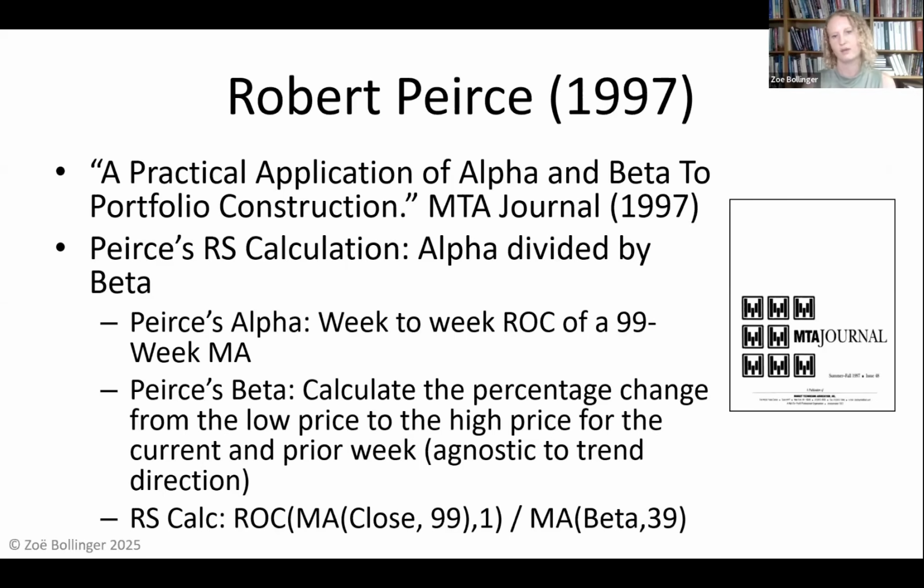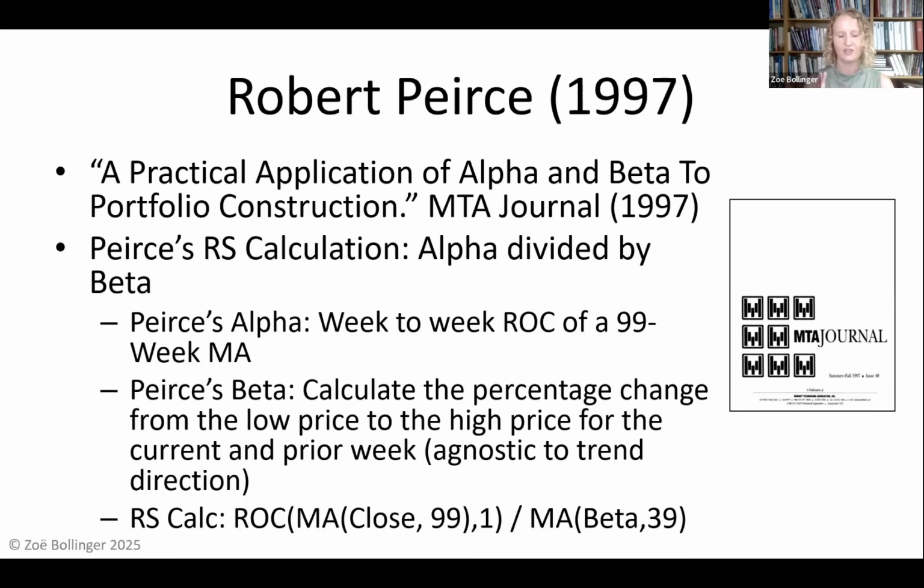So Pierce wrote a paper for the MTA journal, now the CMT, called A Practical Application of Alpha and Beta to Portfolio Construction. And he also had a really interesting way of conceptualizing this. He takes a 99-week moving average, and he looks at the 1-week rate of change, the most recent week rate of change for that 99-week moving average. But he wanted a little bit of volatility adjustment. So he deflates that rate of change by beta. But he has his own take on beta.